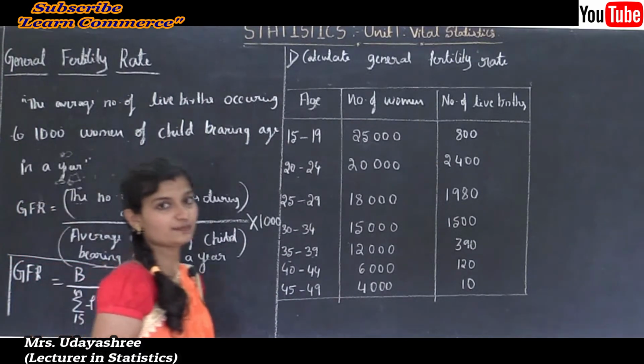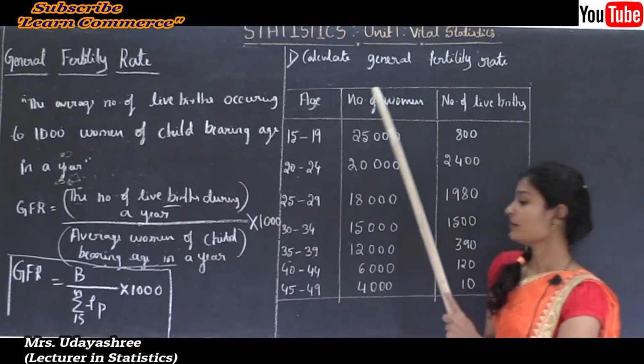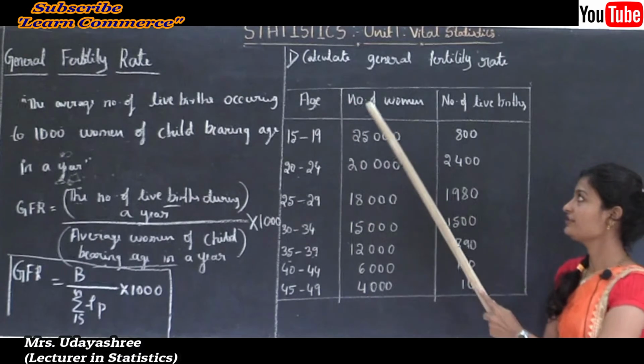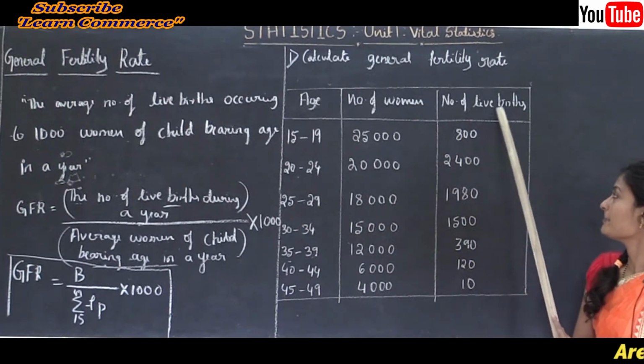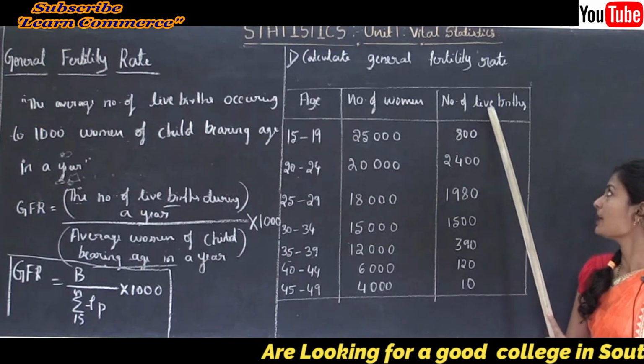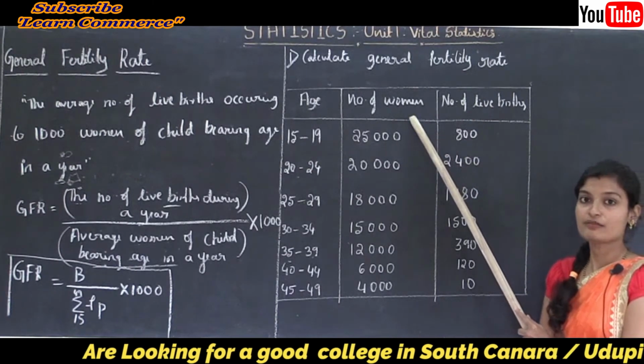Now let's see the first problem: calculate general fertility rate. Here the given information is age, number of women, and number of live births. As we know, general fertility rate is based on the number of live births and the number of women population.